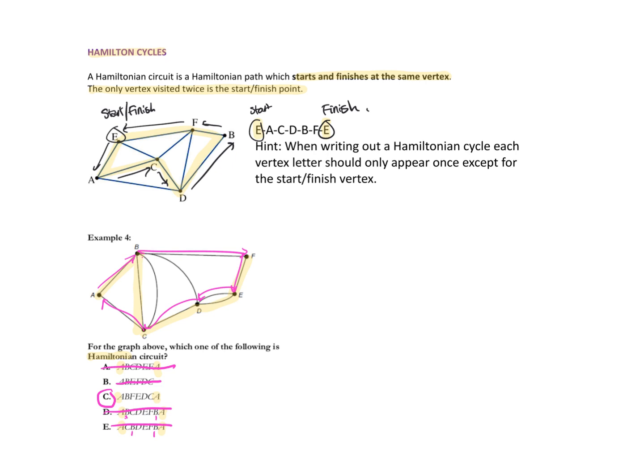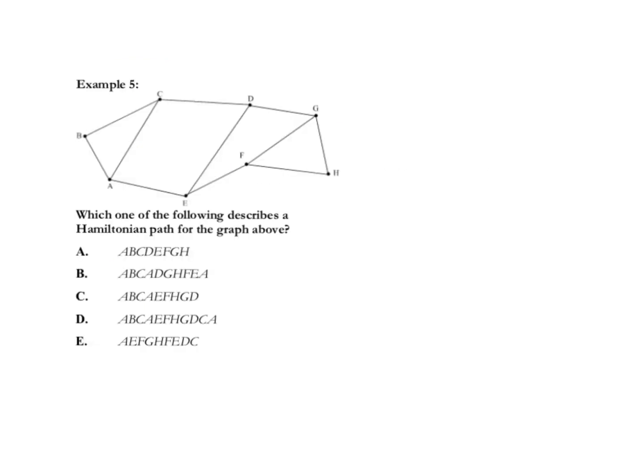All right. So, we've got another example. Example 5. So let's have a look. Which one of these has a Hamilton path? A path means it just has to have every vertex only once. So I'm going to get rid of anything that's repeating.